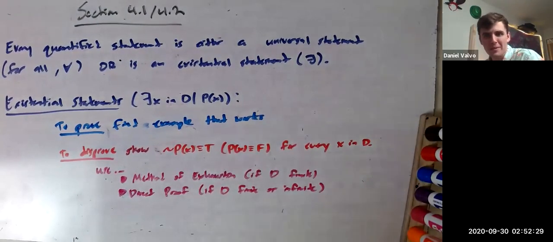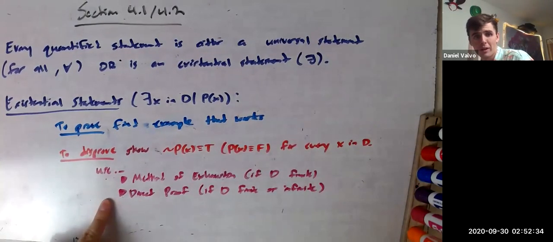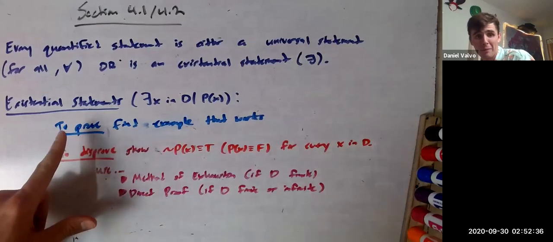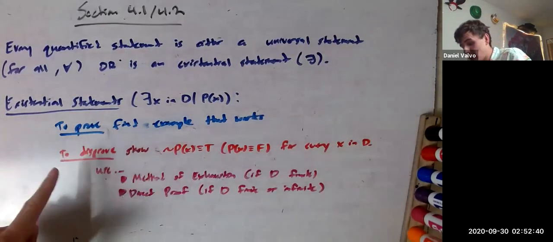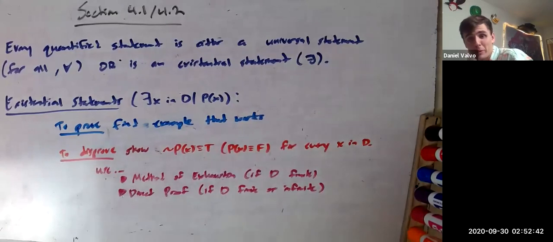So these are the four options. You prove a universal statement with method of exhaustion or direct proof, and you disprove with finding an example. You prove an existential statement by finding an example, and you disprove by using method of exhaustion or direct proof. And that should just make sense, I hope.